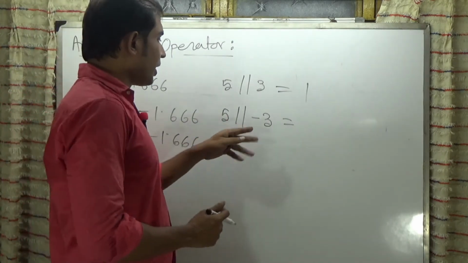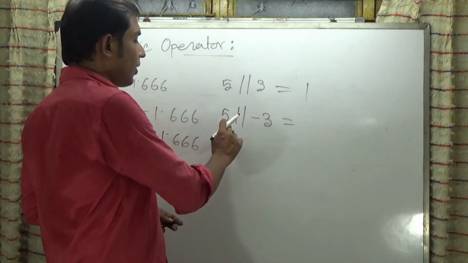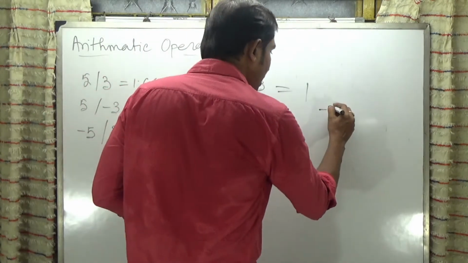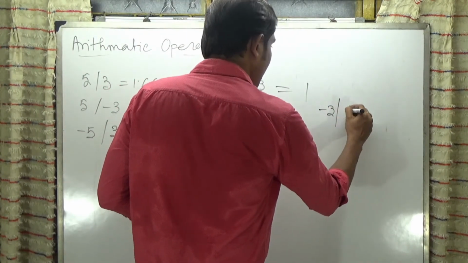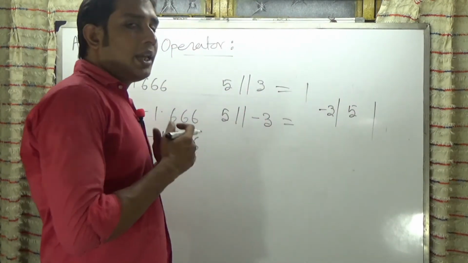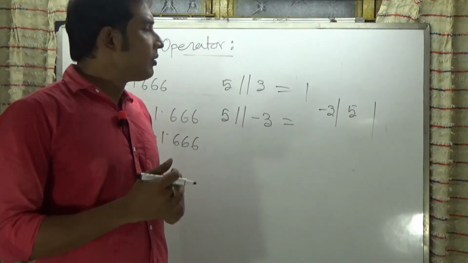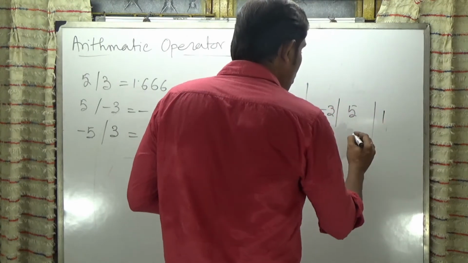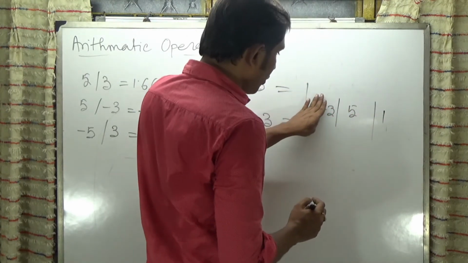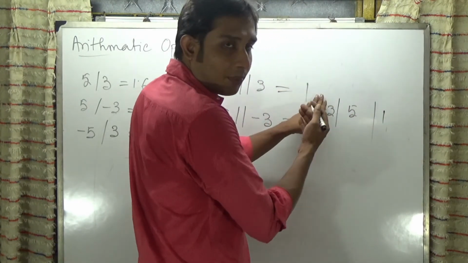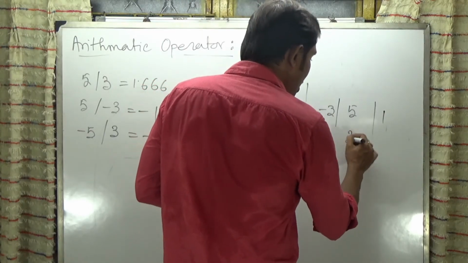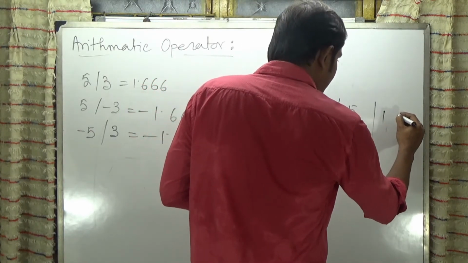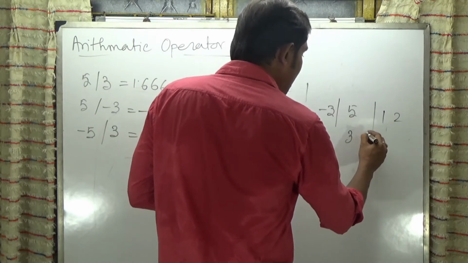Now if I divide -5 by -3, in the case of the floor division operator, first we multiply by 1, so if I forget the minus sign, it becomes 3, and if I multiply it by 2, then it becomes 6.